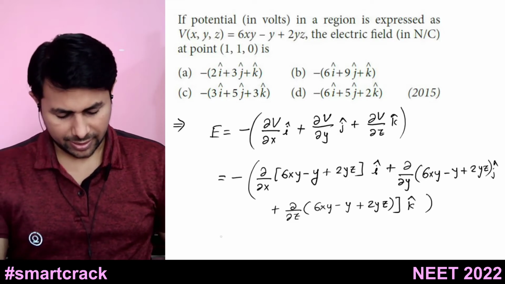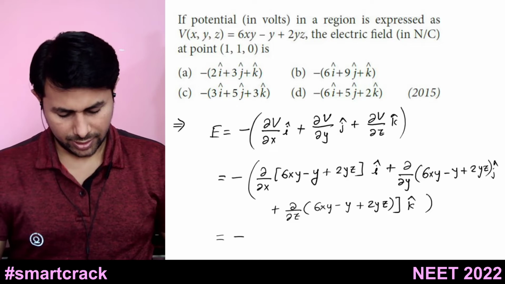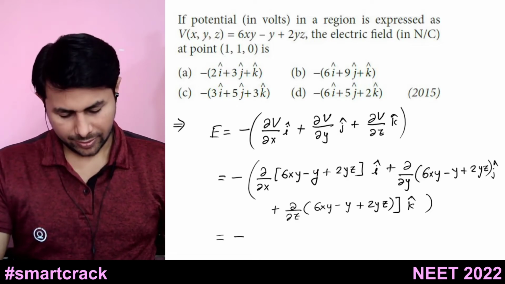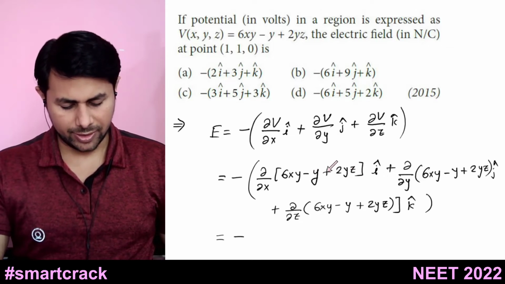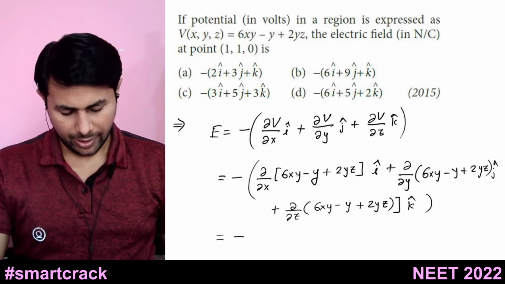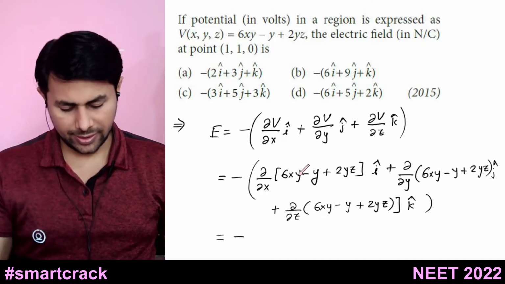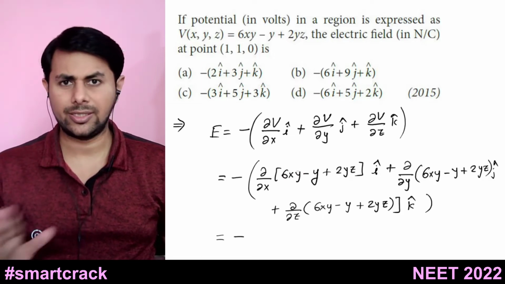So let's take the derivatives. Minus of, in the first case we have to take the derivative with respect to x, so we have to treat y and z as constants, so there won't be any derivative of these two terms. In this term we have to take y as constant, so 6y we can take outside, and the derivative of x with respect to x is 1.